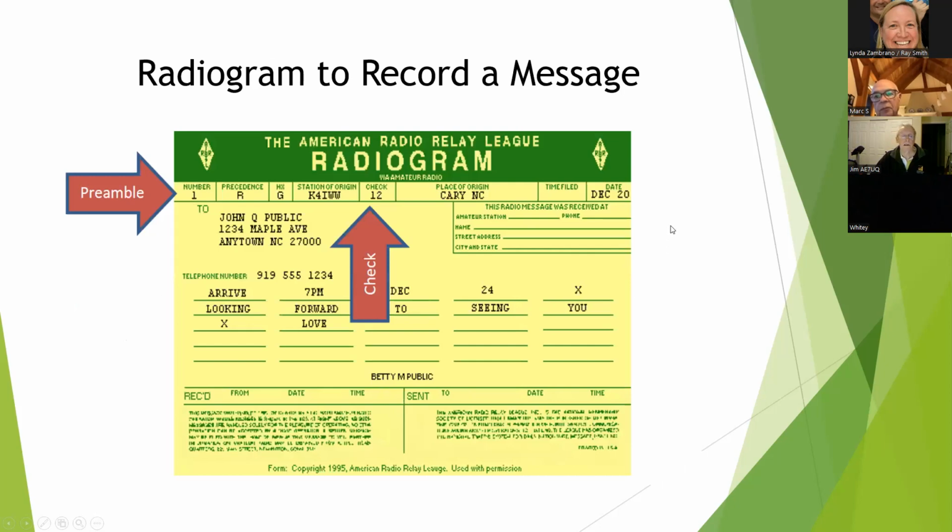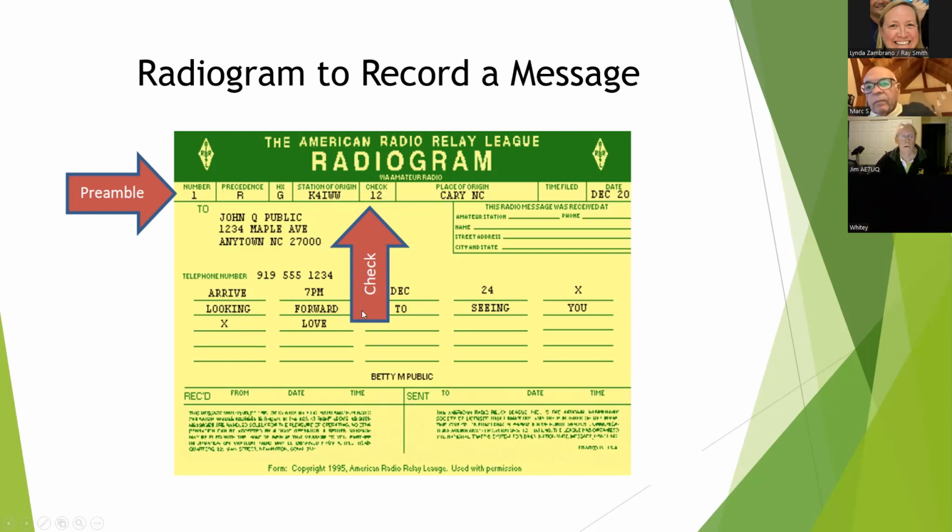If you're taking voice traffic, here's an example of the form that is sort of the standard for the ARRL. Remember what's pointed out here. There's the preamble. What's the preamble all about? Basically, it gives you how to identify this particular message. It gives it a precedence. Is this a priority message? Is this a routine message? Who's it from? Check.